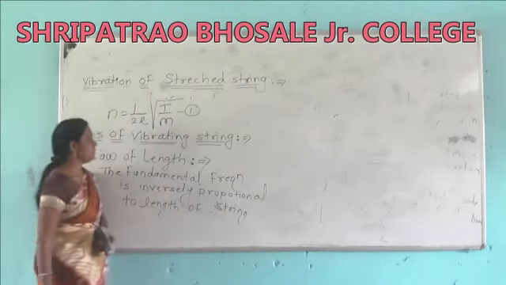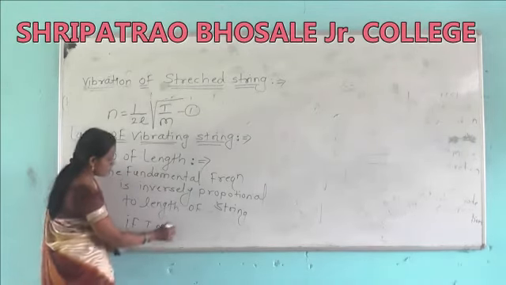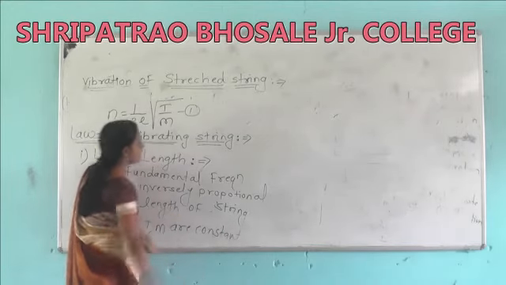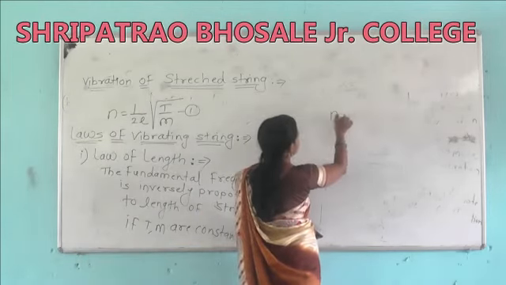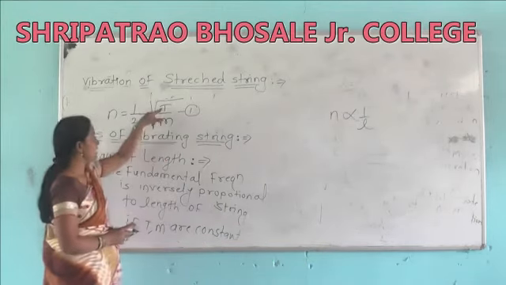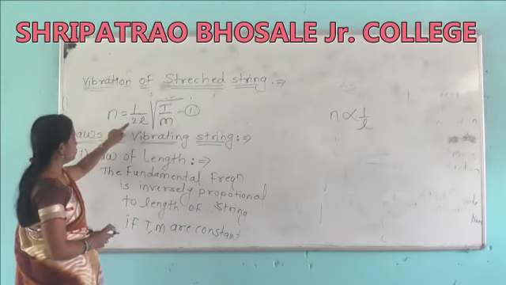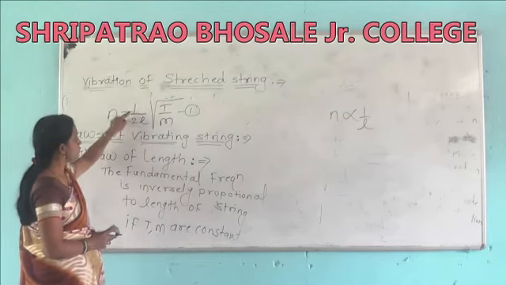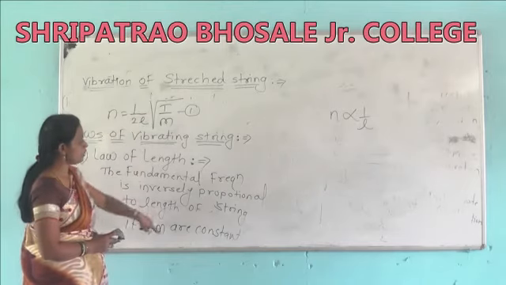This is the law. Therefore, we can write that N is proportional to 1 by L. When T and M are constant, N is inversely proportional to the length of string.